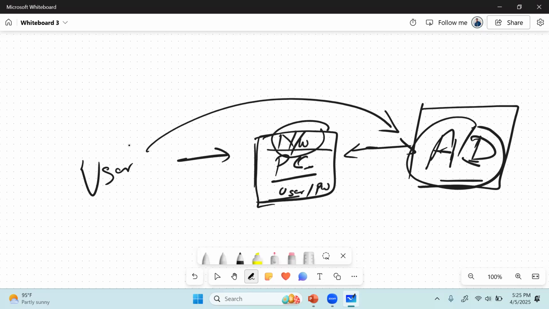So as soon as he enters his username and password, he logs into this machine. Two things happen. First, authentication, because AD authorized him to log into this machine. Then all the internal resources configured here, such as applications or network drives, that user got access to as well.